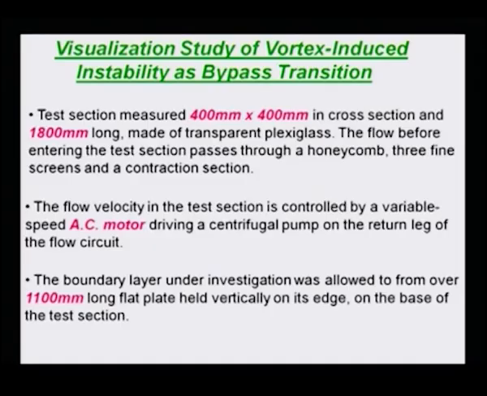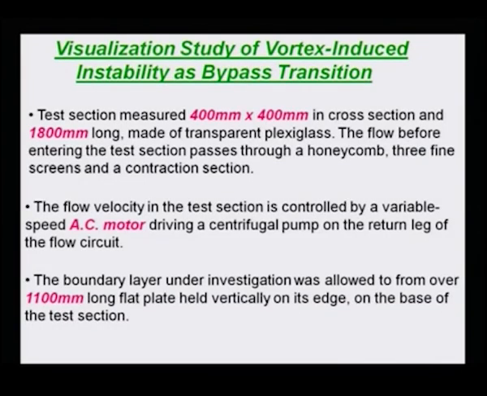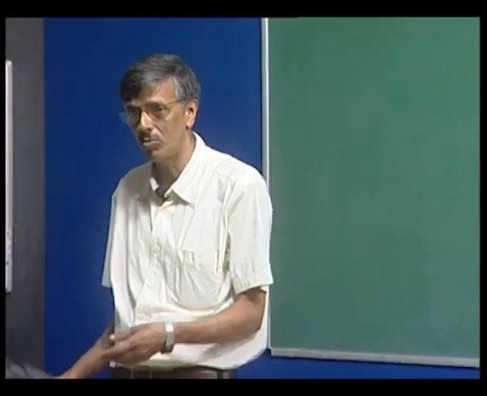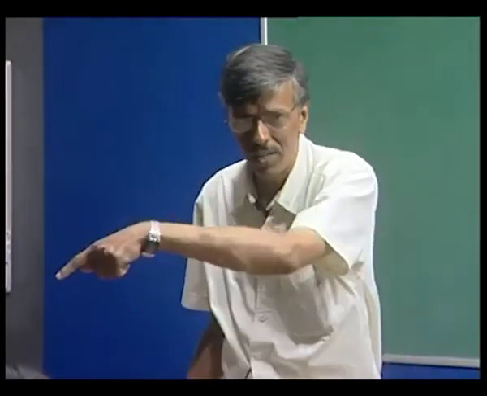The flow velocity is controlled by an AC motor, which drives the centrifugal pump, because it's a water tunnel. So you have to spend power through this AC motor. That is kept on the return leg, so it's a recirculating tunnel.